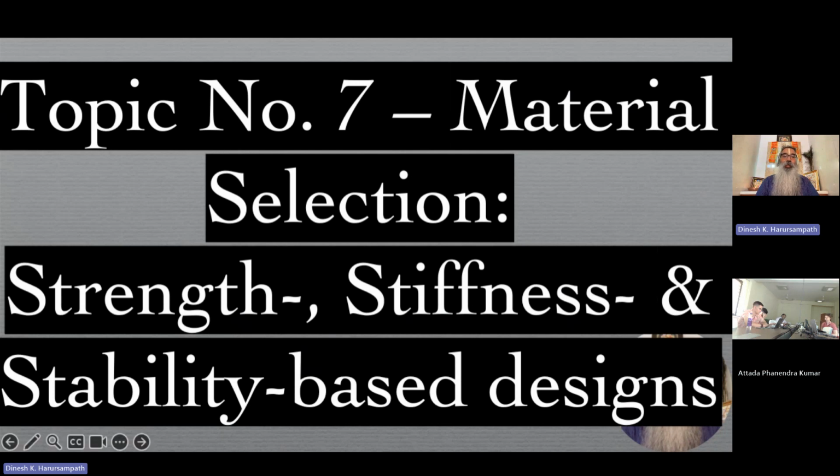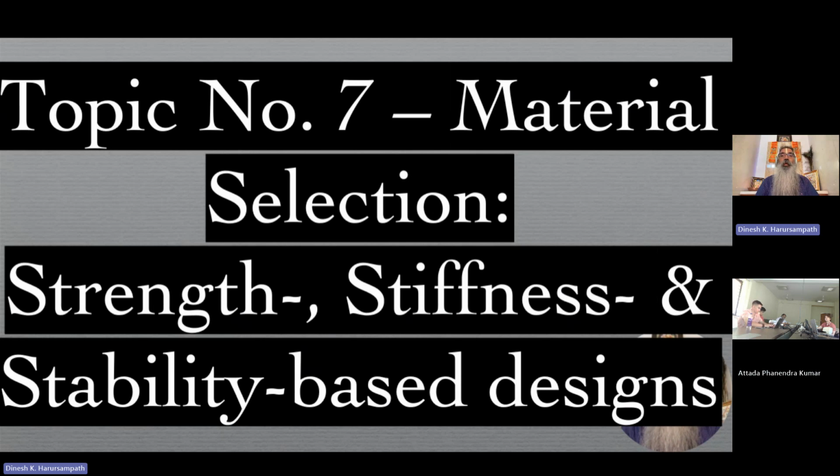Now, that's the second aspect of the design as far as the material selection is concerned. And the last one is stability. We will see it from the perspective of elastic stability, that is to avoid buckling or to delay buckling. But as I said in the previous class, sometimes we would like to operate in the post-buckling regime as well, but that's only for certain components like the skin of the wing or the fuselage.